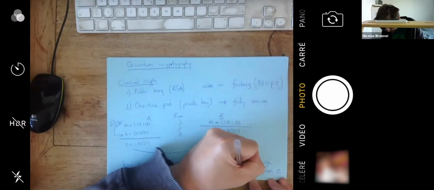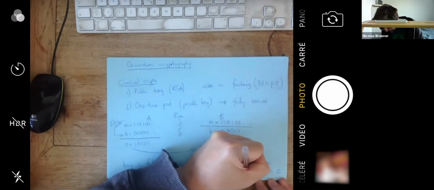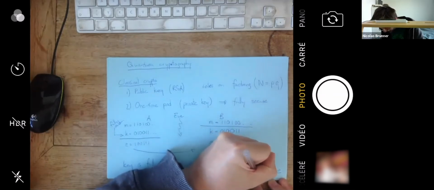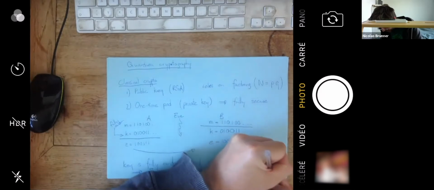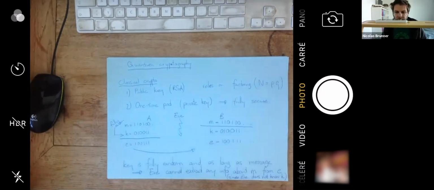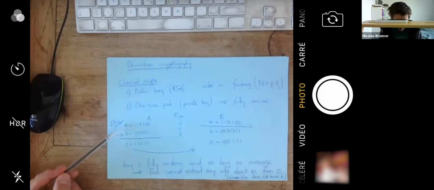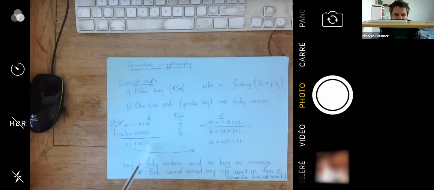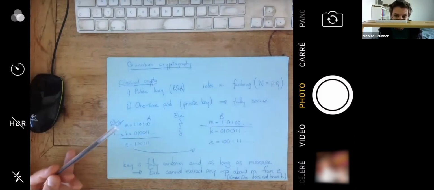And that is because Eve does not know K, right? So remember, the idea is that the key is private. It is only known to A and B. And therefore, you see that if I add this fully random key, which is as long as my message, then essentially every bit of the encrypted message looks random, right?